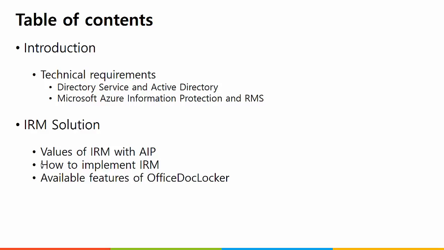Then I'm going to show you how to implement the solution. And then I'm going to introduce some available features of OfficeDocLocker, which is a security tool to extend the features of the Microsoft IRM solution.